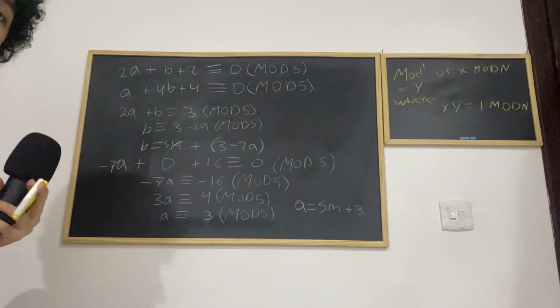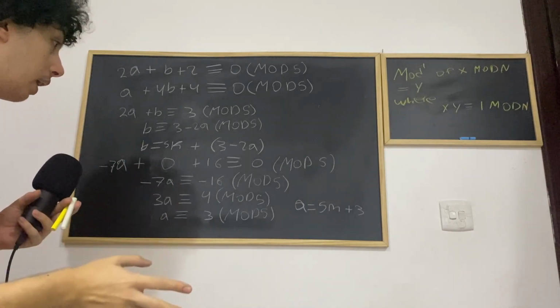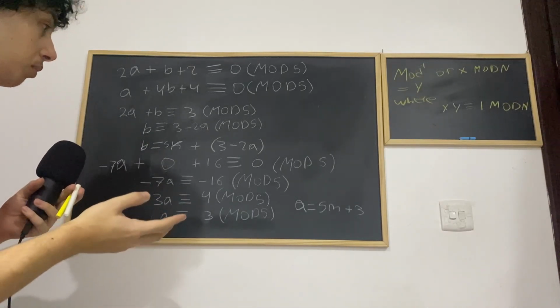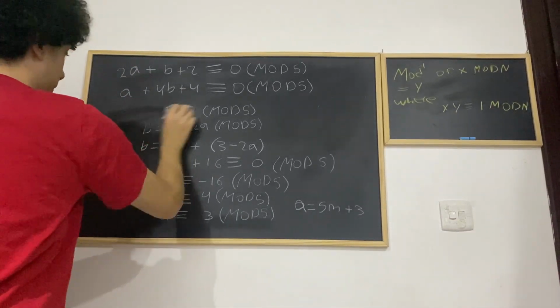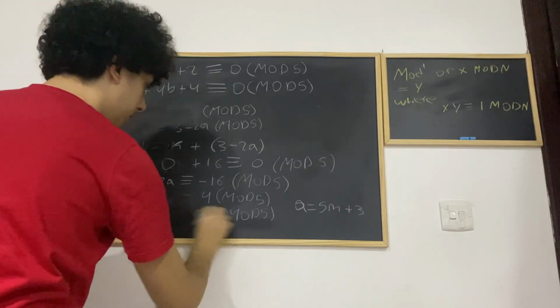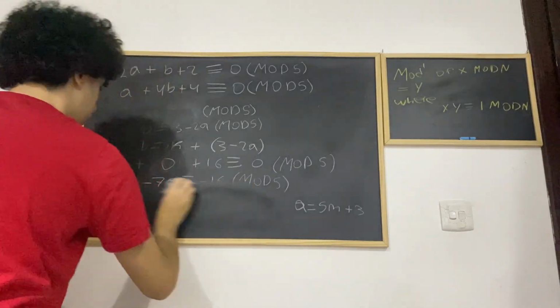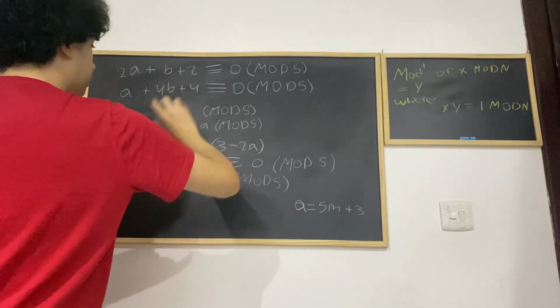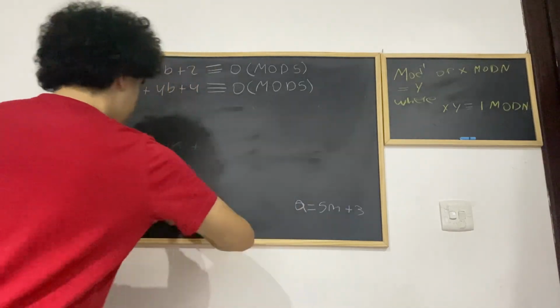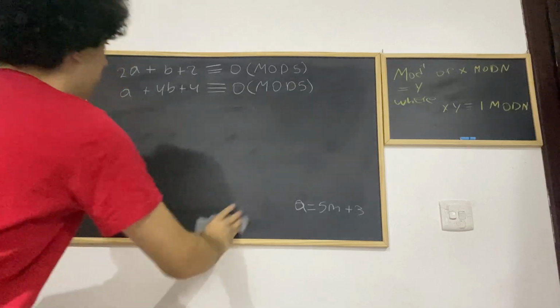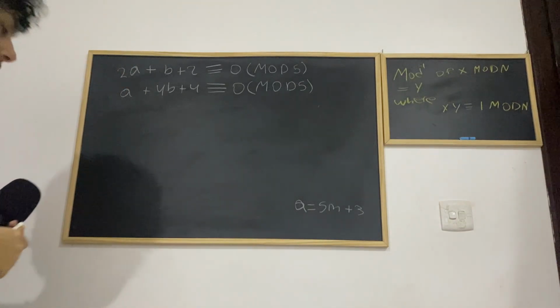Now we can get how many values for a are possible. Let me erase everything. Okay, here we go. So a is equal to 5m plus 3.